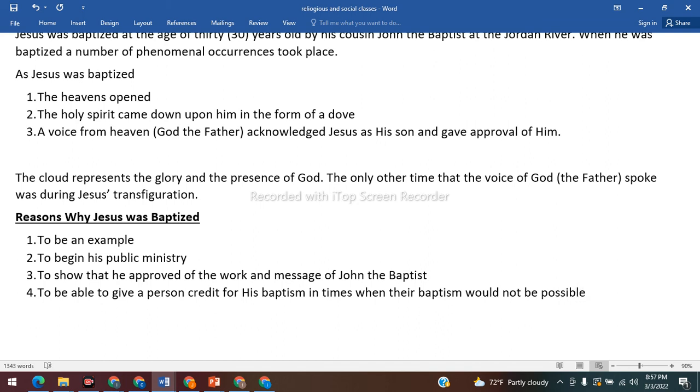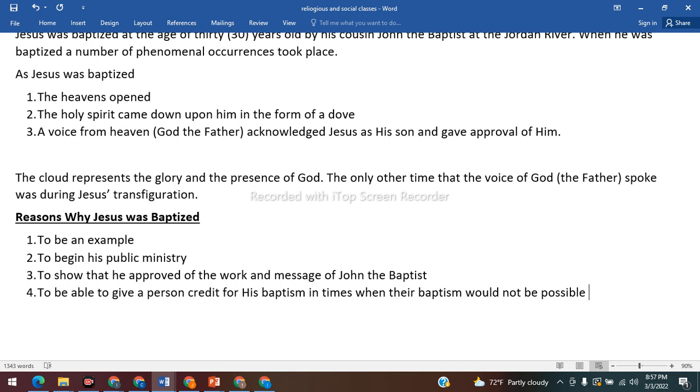So what do you mean by that? Anyone understand? What do I mean by the fourth one? To give a person credit for his baptism in times when their baptism would not be possible.